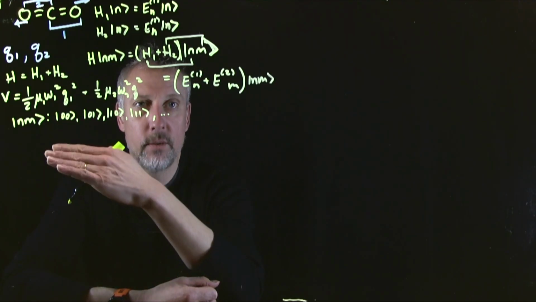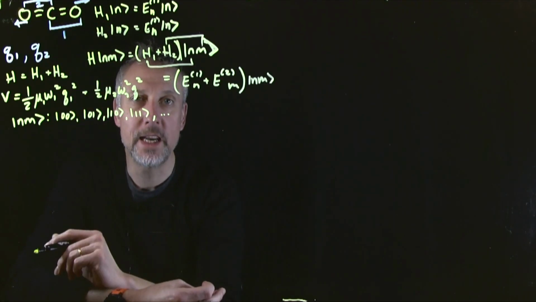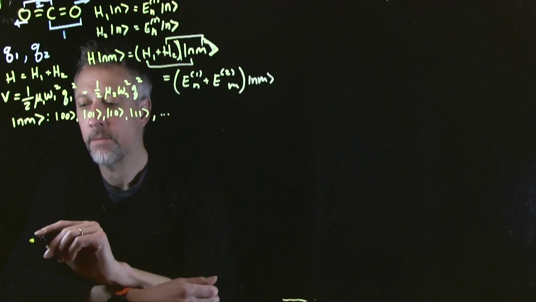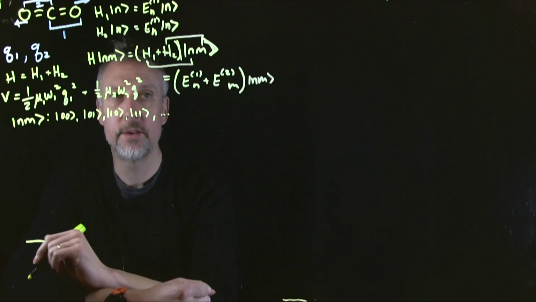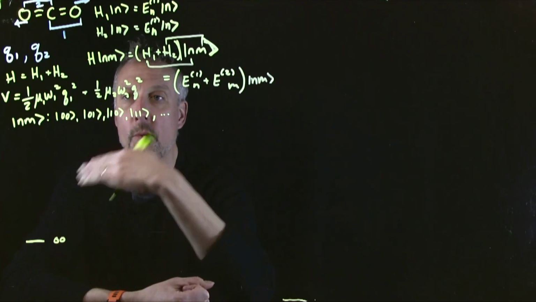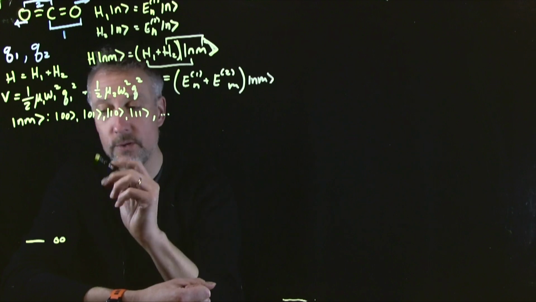Now, we can write down what the energy levels look like. If we assume the two harmonic oscillators are the same, which is the most obvious choice here because the two carbonyls are exactly the same, then we're going to have a ground state that corresponds to the ground state of both. That would be the 0,0 situation. Then we have one excitation of mode 1 and no excitations of mode 2 and vice versa.